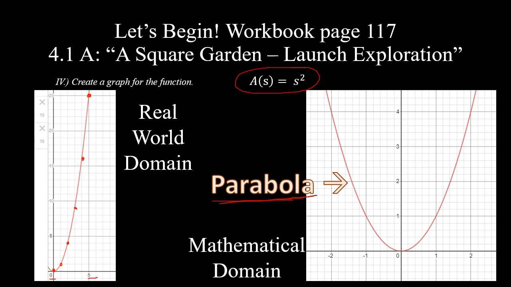Our exponential function didn't have any, because the x-axis was an asymptote, so it never touched it. Well, our parabola can have, as it turns out, no x-intercept, one x-intercept, or even two x-intercepts, which is pretty cool. So with quadratic functions, our x-intercepts are going to behave a little bit differently as well.